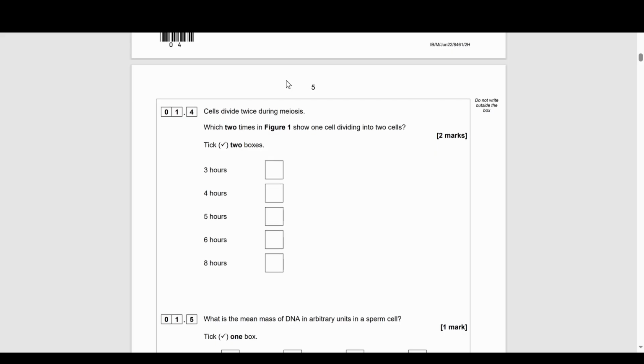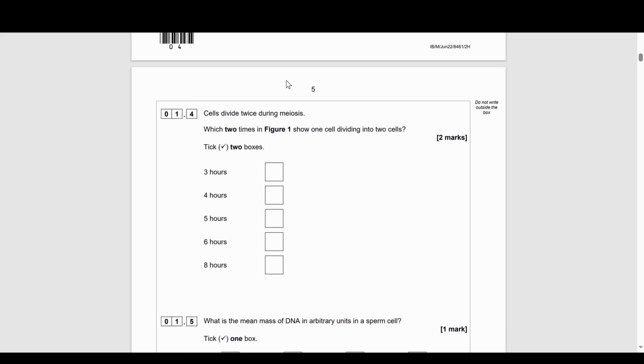Cells divide twice during meiosis, which 2 times in Figure 1 show one cell dividing into 2 cells. Well, if it's one cell dividing into 2 cells, we should expect the mass of the DNA in the cell to halve, so drop by 2.